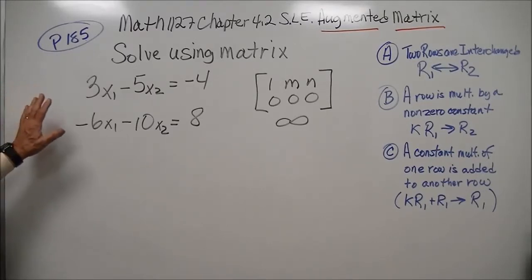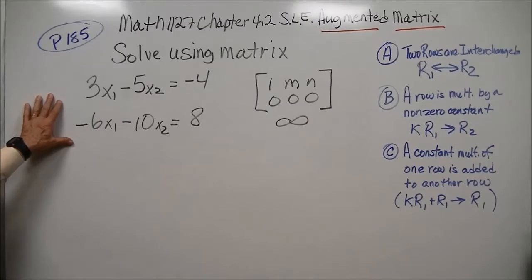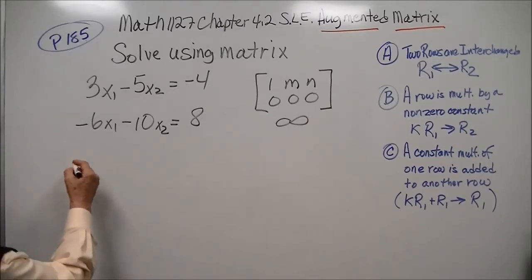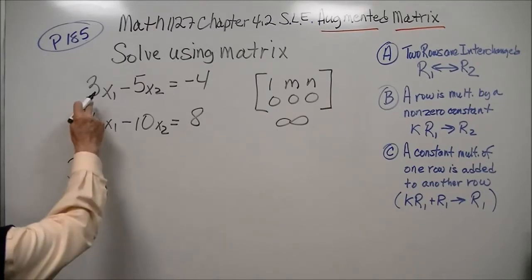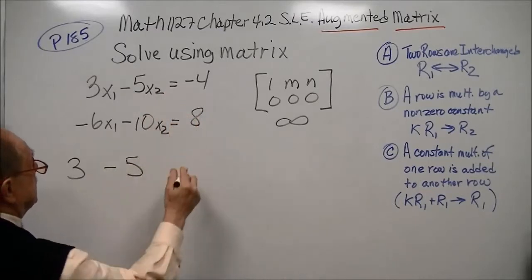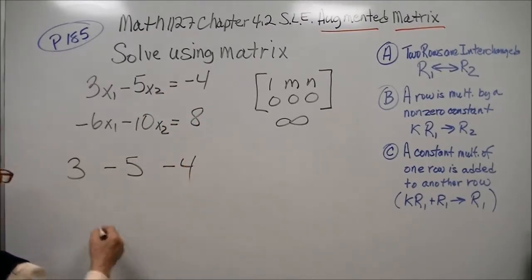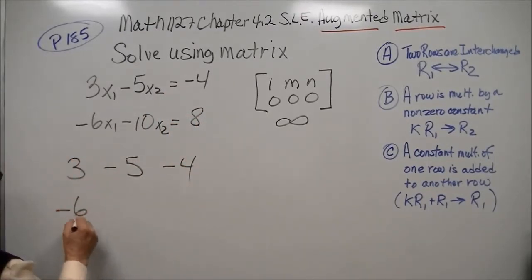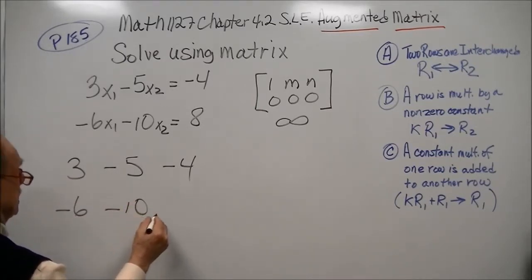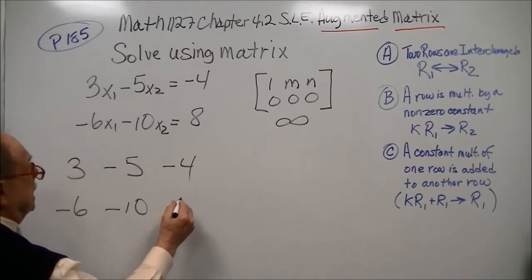First, let's change this from its standard form into a matrix. So the constant 3, -5, and a -4, a -6, a -10, and an 8.